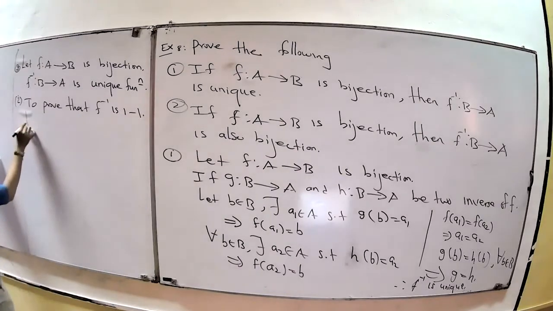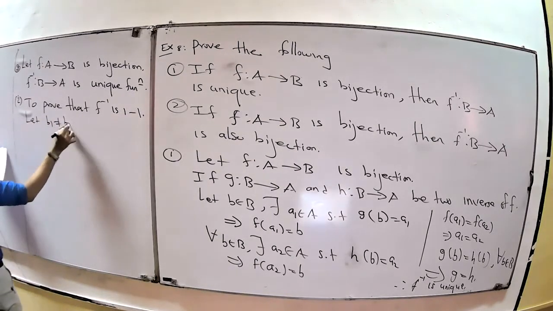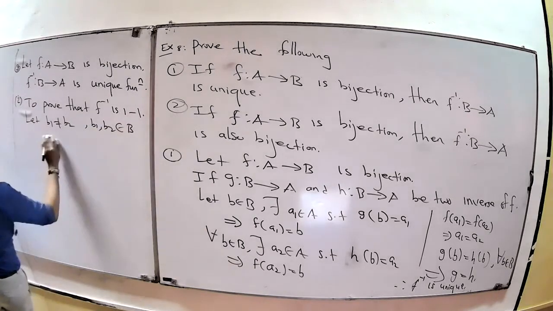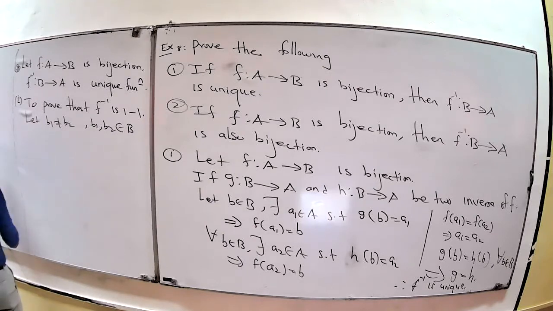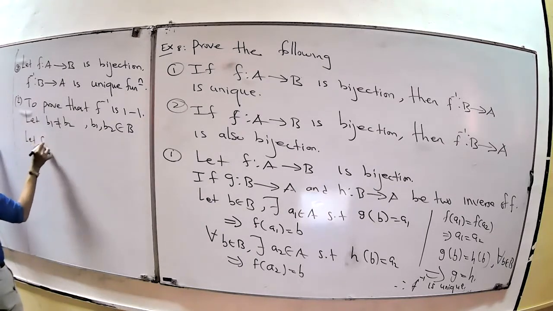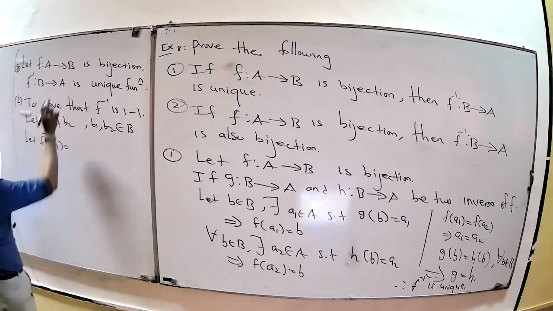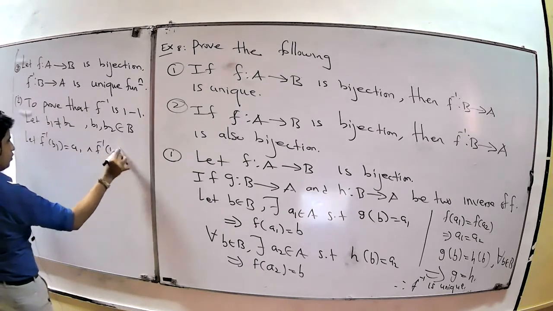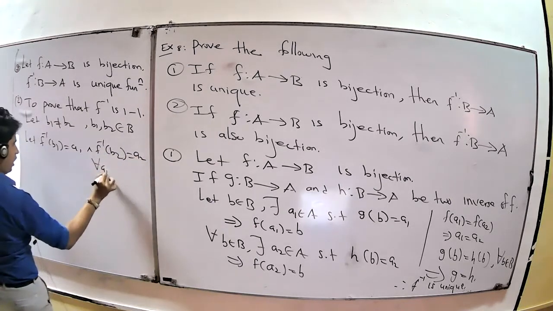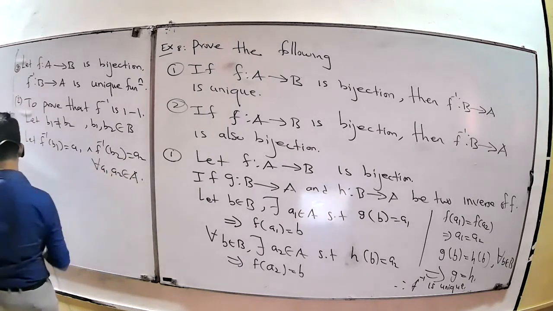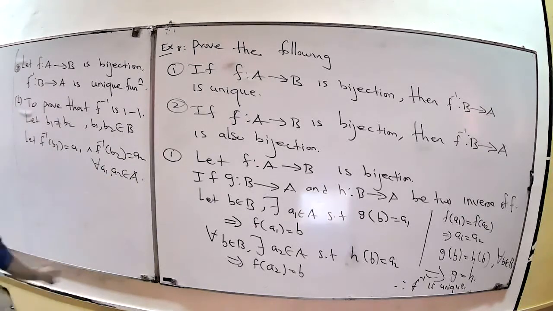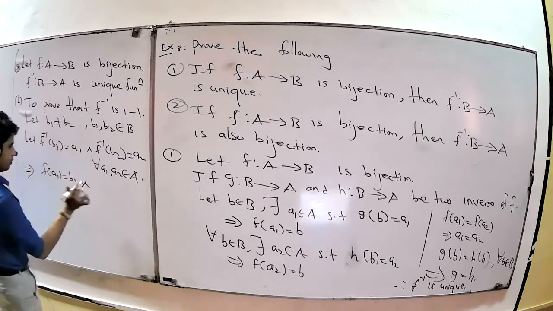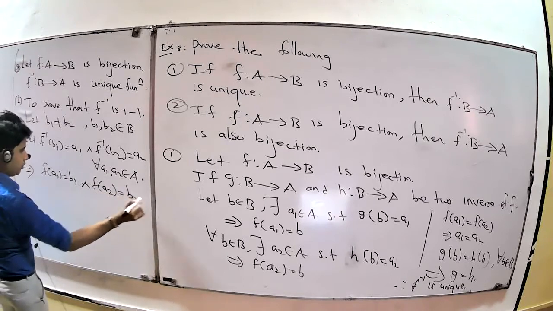Let you take b1 not equal to b2, where b1, b2 belong to B. Therefore, you want to show that f inverse of b1 not equal to f inverse of b2. Let f inverse b1 equal a1, and f inverse b2 equal a2, for a1, a2 belong to A. From this you can write f of a1 equal b1 and f of a2 equal b2.